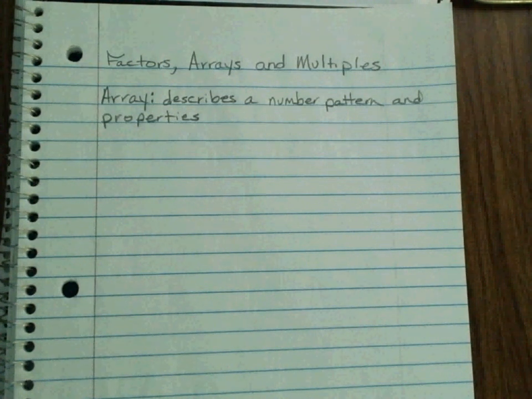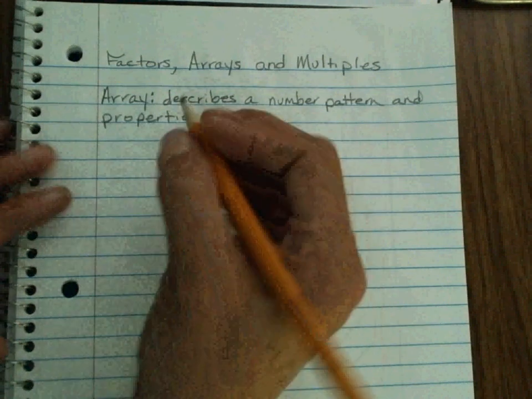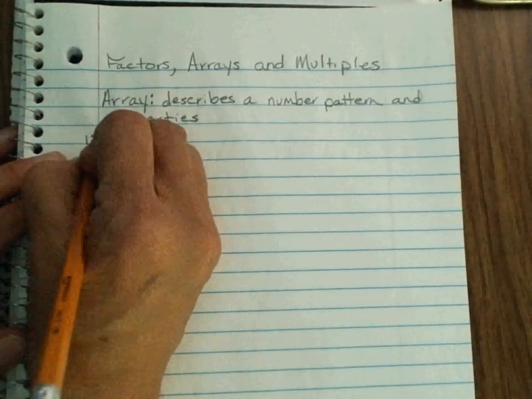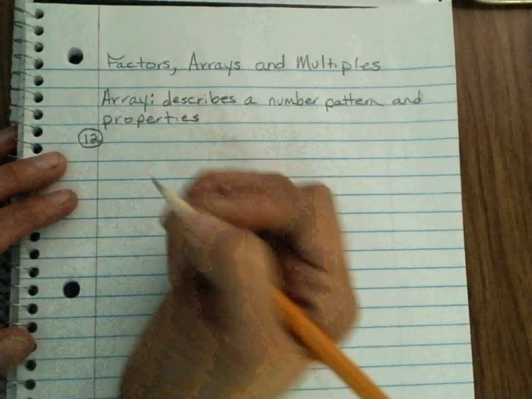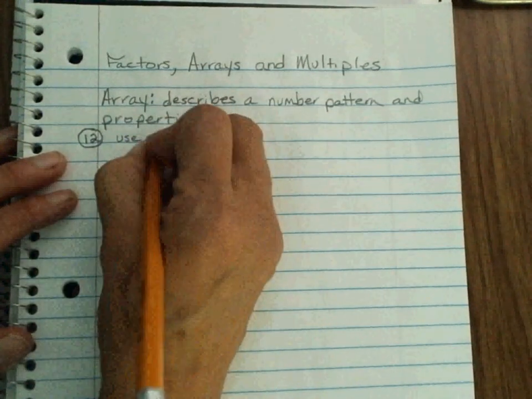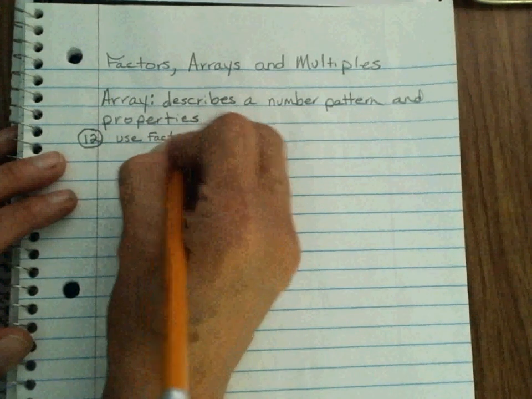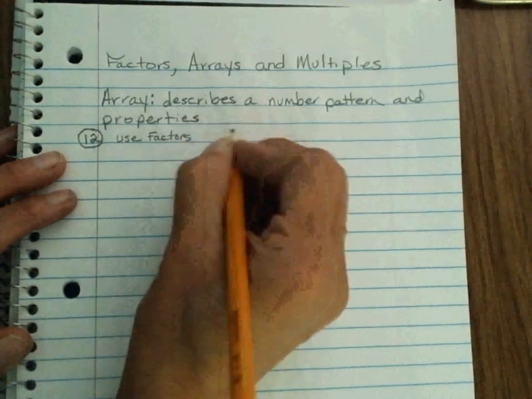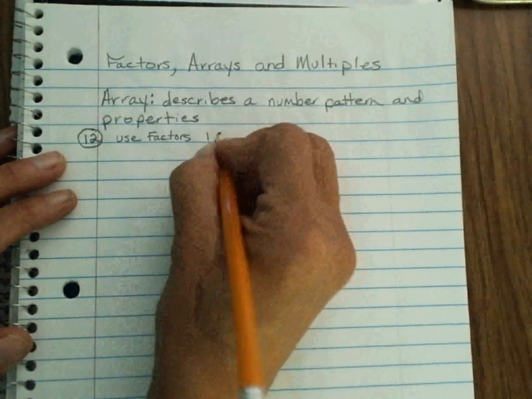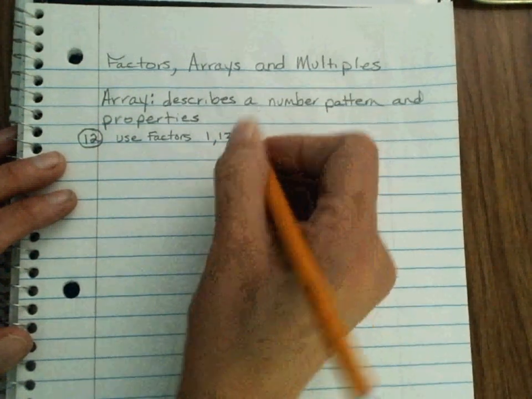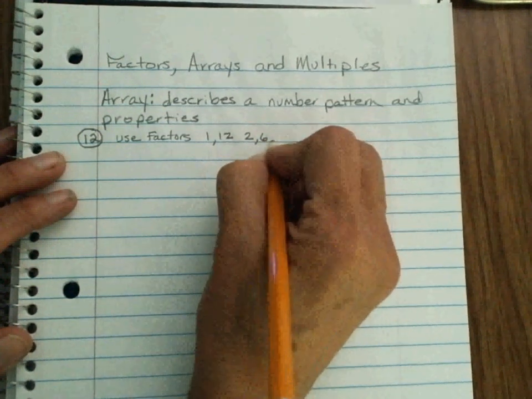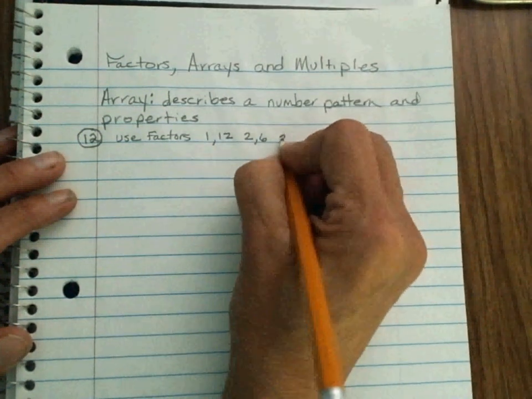Okay, so to create an array for the number 12, for example, first we're going to use the factors. Our factors for 12 are 1 and 12, 1 times 12, right? 2 and 6, 3 and 4.